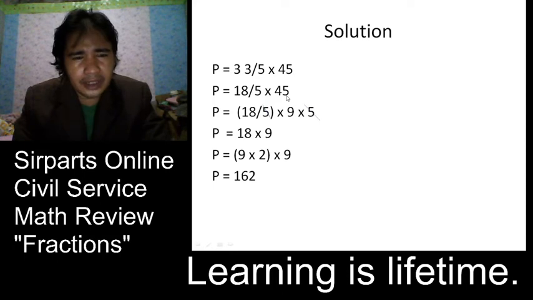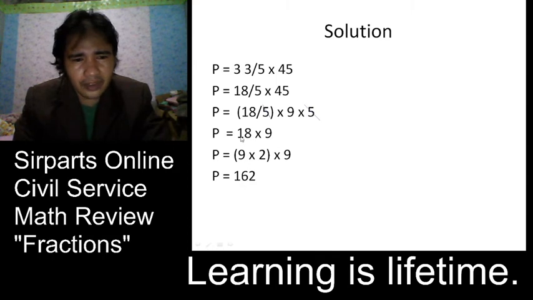After that, we are going to think of a factor of 45. This is equivalent to 9 times 5, so that we could cancel the 5. So we now have 18 times 9.